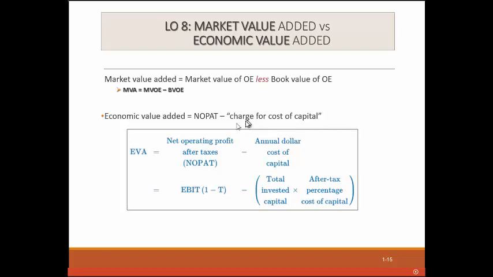Okay, so how does it do that? Well, we have this neat little lady here, EVA, economic value added, which is calculated by the NOPAT, and the cost of capital is equal to the total invested capital for the business, and essentially that is the sum of all long-term financing, debt capital, contributed capital, and equity capital, times the percentage cost of capital.